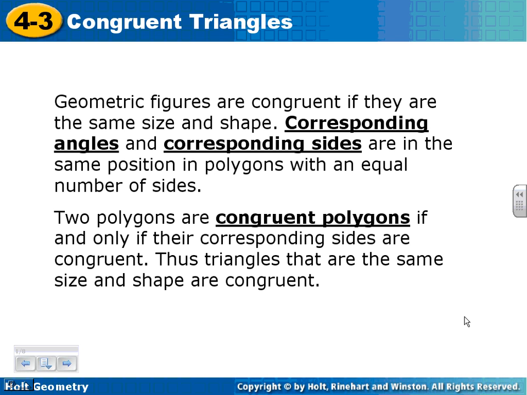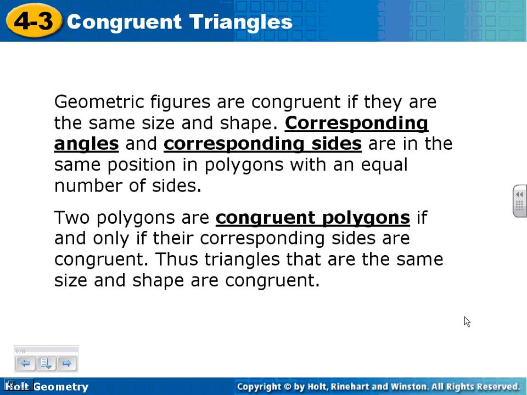Geometric figures are congruent if they are the same size and same shape. In other words, they're identical twins. Corresponding angles and corresponding sides are in the same position in polygons with an equal number of sides. Two polygons are congruent polygons if and only if their corresponding sides are congruent.